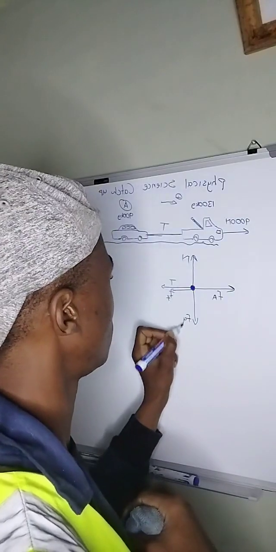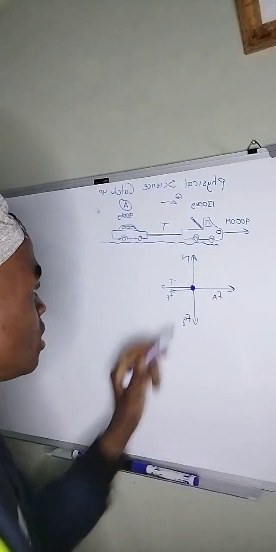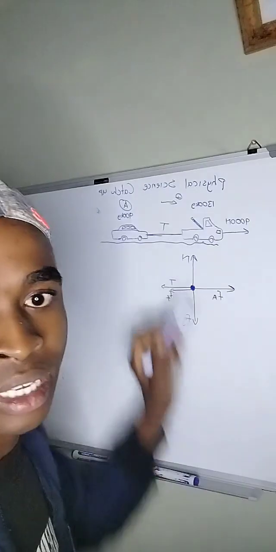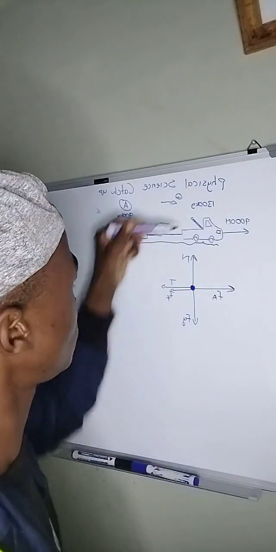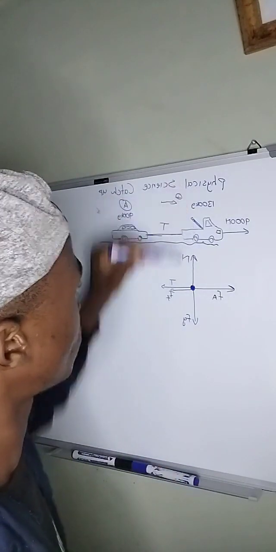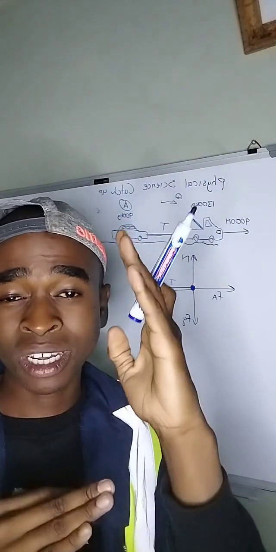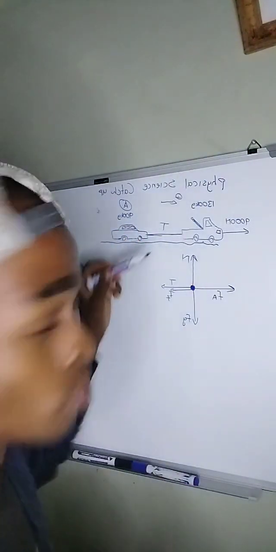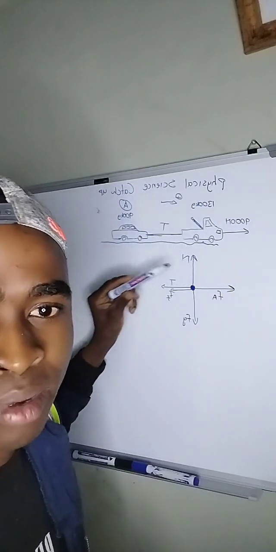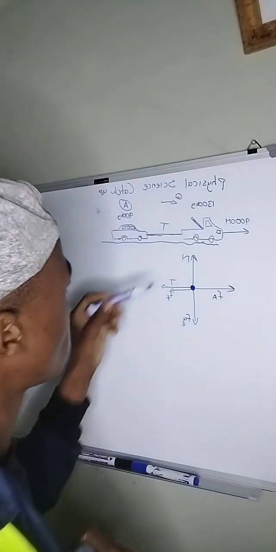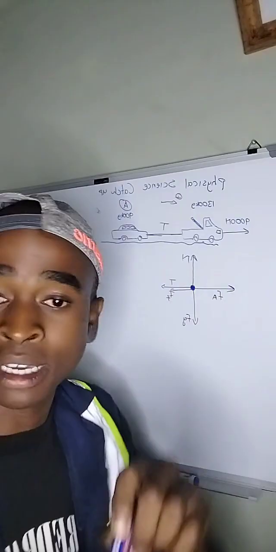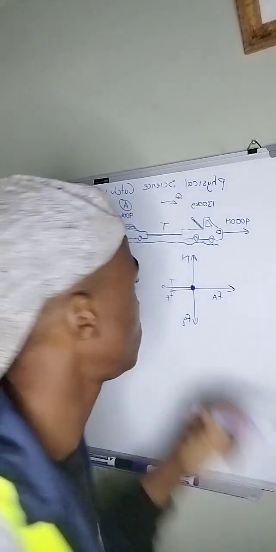This is the Fg. You should bear in mind that the normal force is acting relative to the surface, and it has to be perpendicular to the surface. We are going to talk a little bit more about the normal force, but here it will just be up relative to the surface.